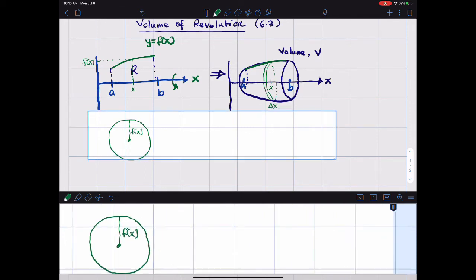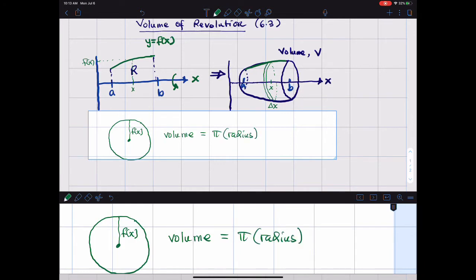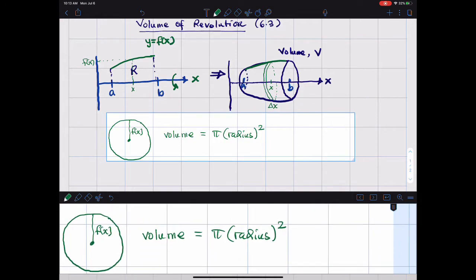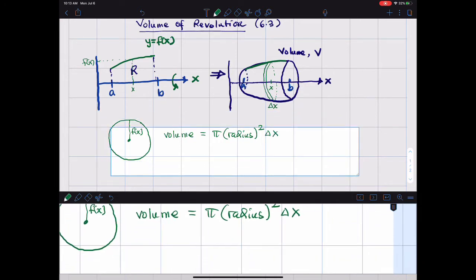Okay. So this tiny little disk, its volume is, sorry, it's pi r squared. Pi radius squared times the thickness, delta x. So it's actually pi f of x squared delta x.